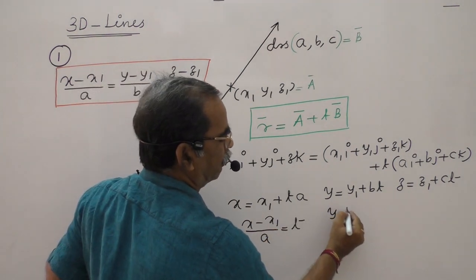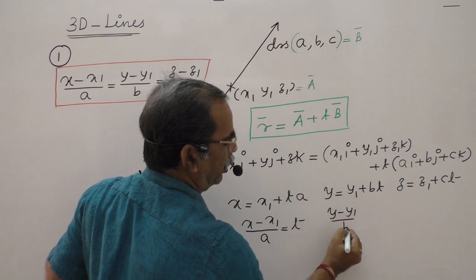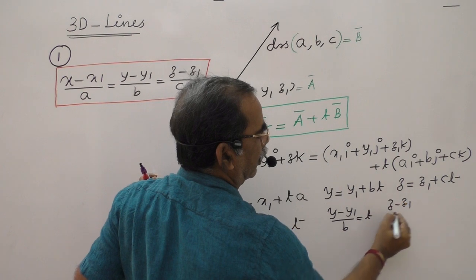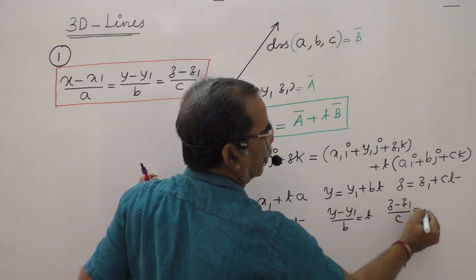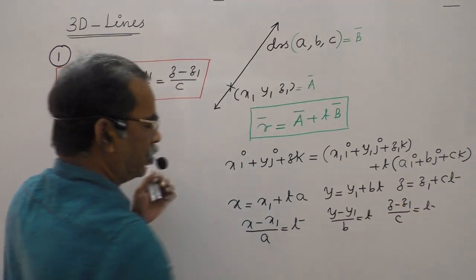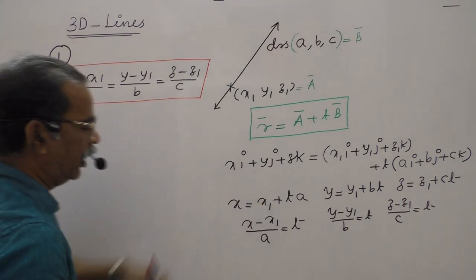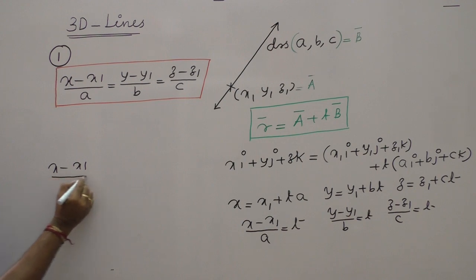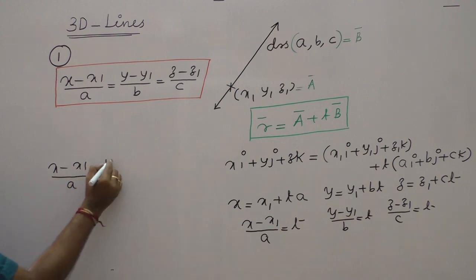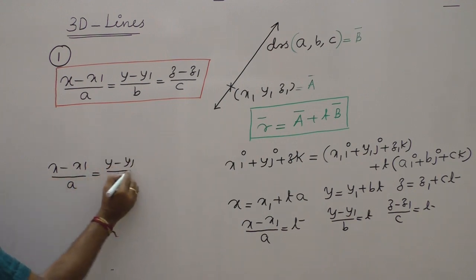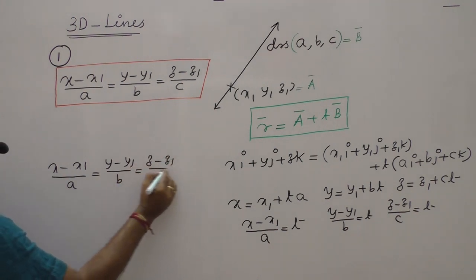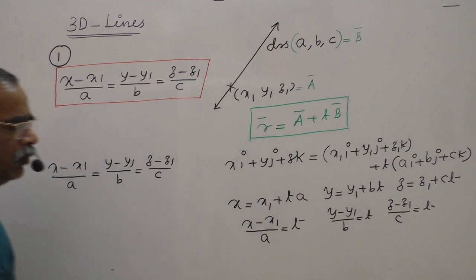Similarly, from this, (y minus y1) by b is also t. (z minus z1) by c is also t. All these are t values. Therefore, I can write those as equal: (x minus x1) by a is t, also (y minus y1) by b is t, and (z minus z1) by c is t.